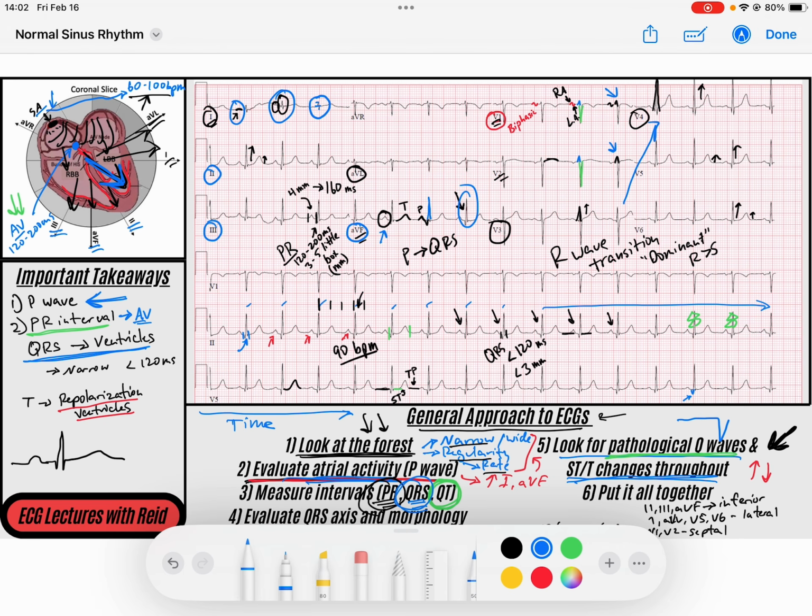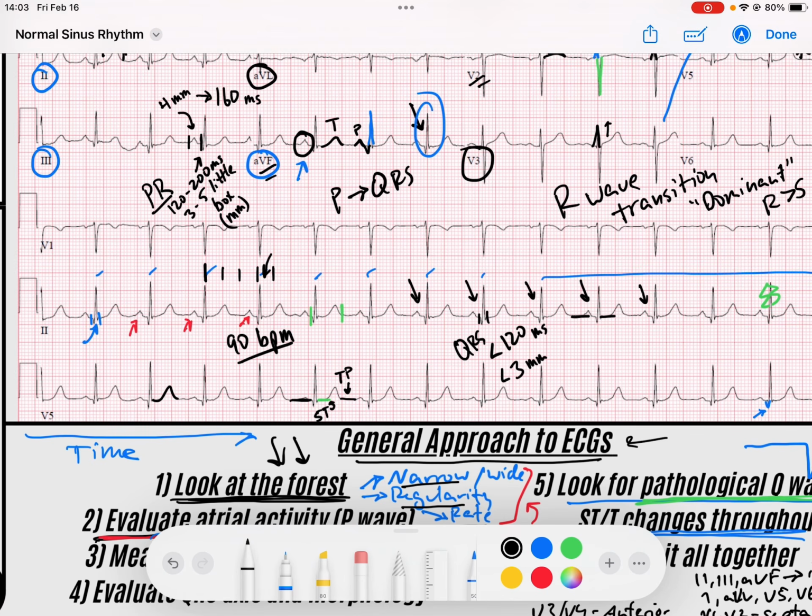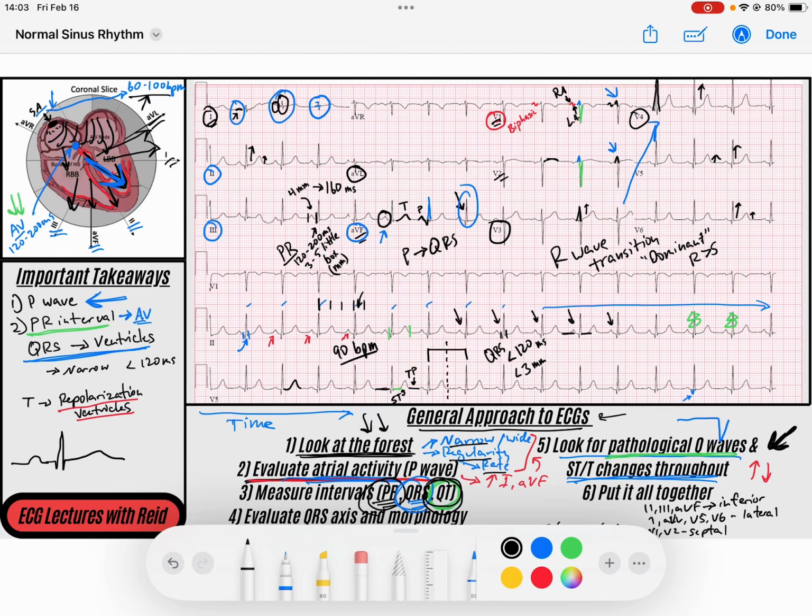I measure my QT interval. And an eyeball test that I'll tend to use a lot is I actually look in between two R to R intervals, and I measure the midway point, and that T wave should terminate by the midway point. I look for any T wave abnormalities. The T wave should always be in the same direction of my QRS.